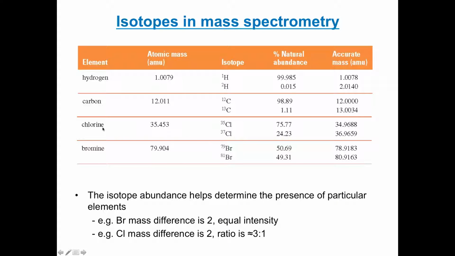It's even more obvious if you have chlorine in your molecule, because then you have a 3-to-1 ratio of chlorine-35 and chlorine-37. So if you have a mass spectrum that shows a molecular ion differing by 2 units in a ratio of 3 to 1, that's really good evidence that you have a chlorine in your molecule. And similarly with bromine, which has two isotopes, 79 and 81, in equal abundance. If your molecule contains a bromine, that's really obvious in mass spec as well, because that will give two signals of equal intensity separated by two mass units.